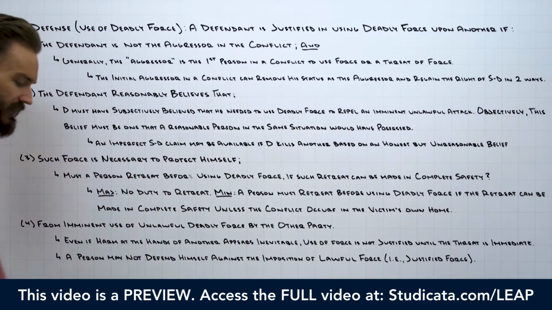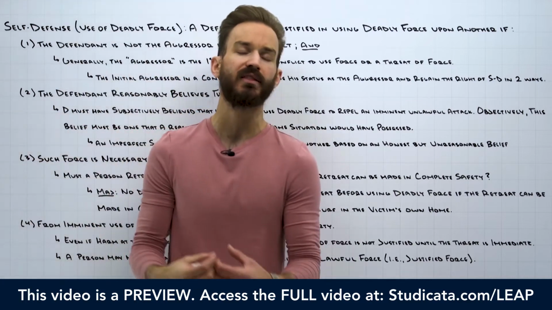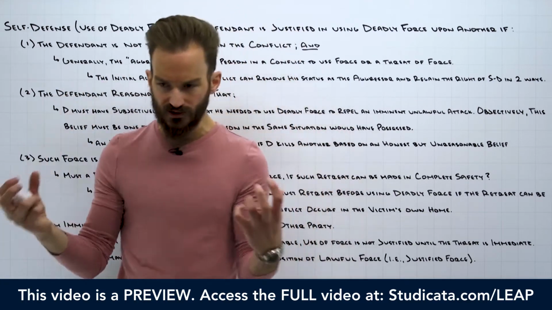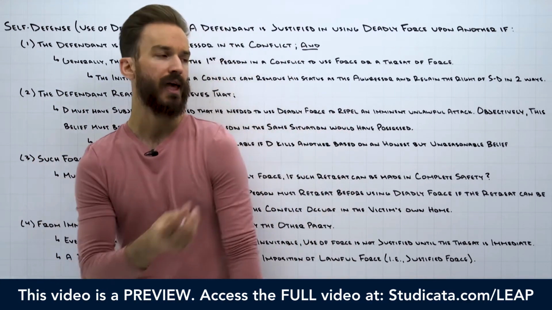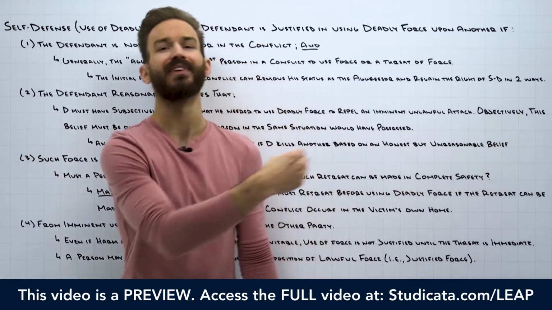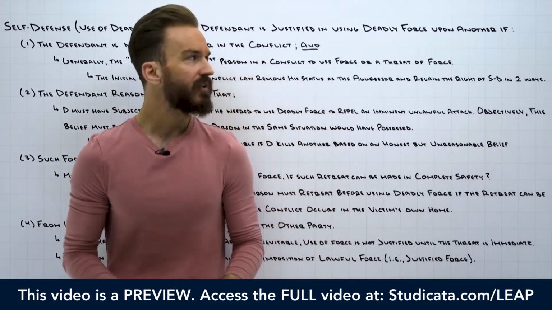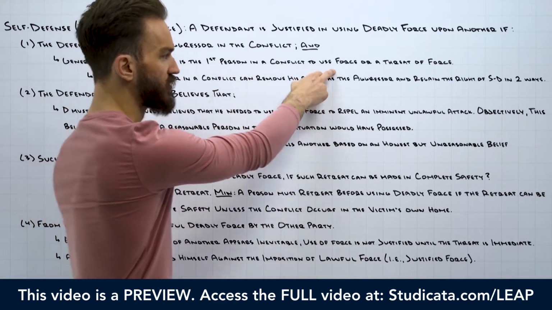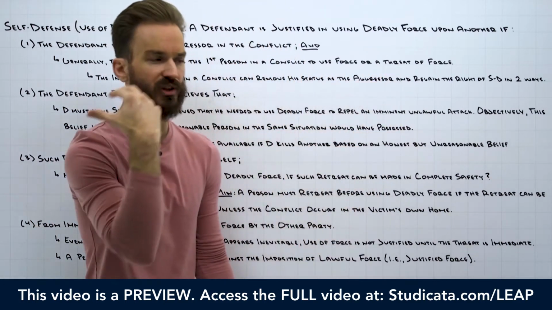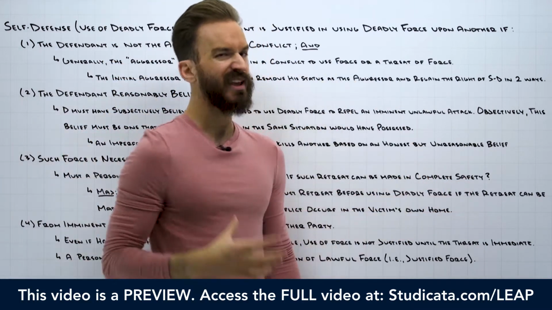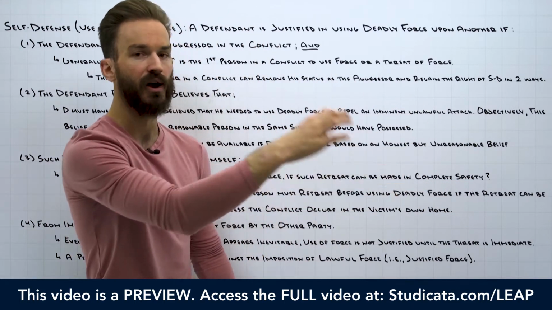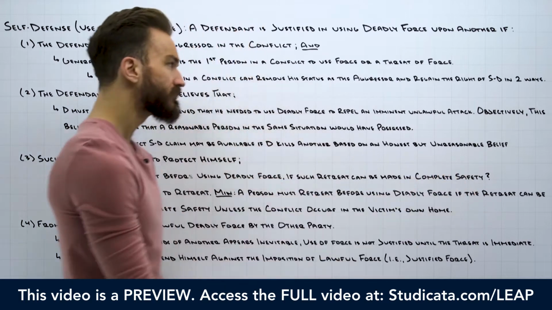It's important to recognize that the difference between the aggressor and the instigator is very important. In this fact pattern where the student is heckling me, right, he might be an instigator, but if he's not using force or a threat of force, he's just using insulting words, right, he's really just an instigator, not an aggressor, right?